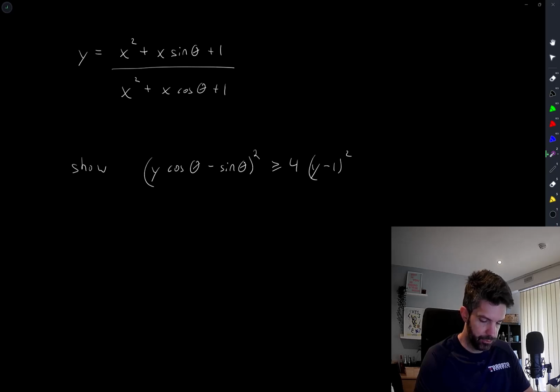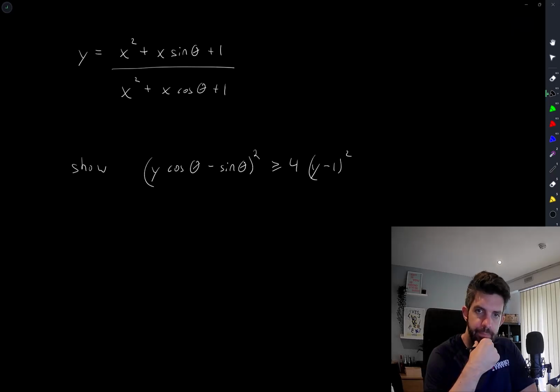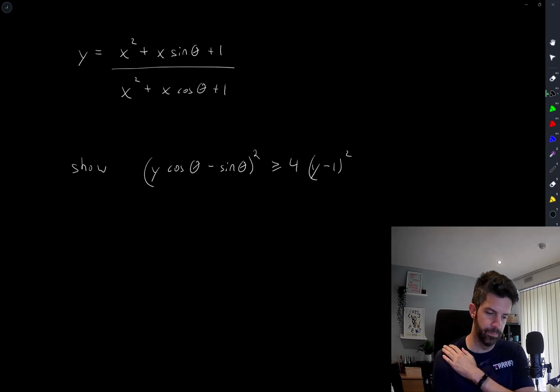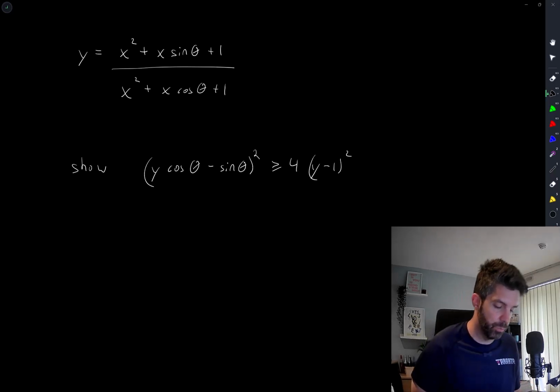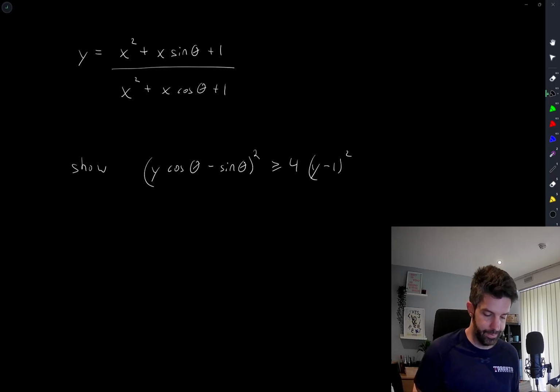But it's interesting to see that we get something quadratic in y coming out. I don't know where the quadratic with respect to y is coming from. And I don't even know exactly why minimizing and maximizing with respect to x could potentially be something of interest.